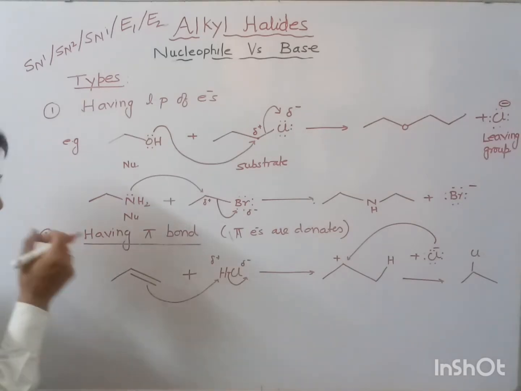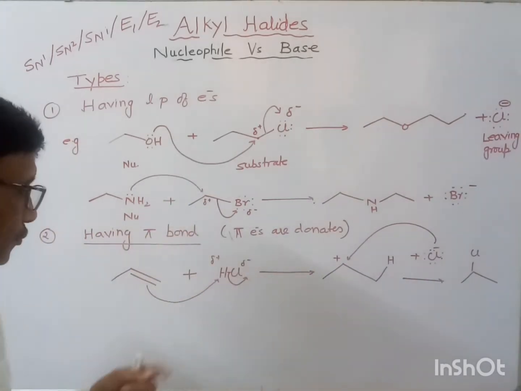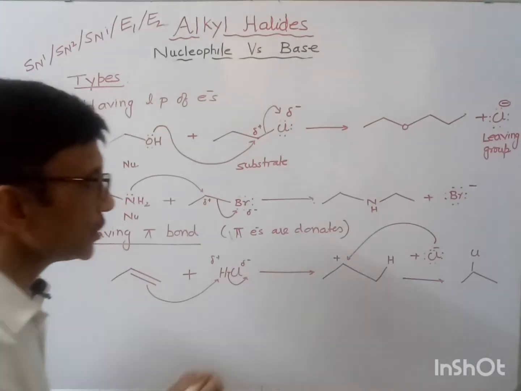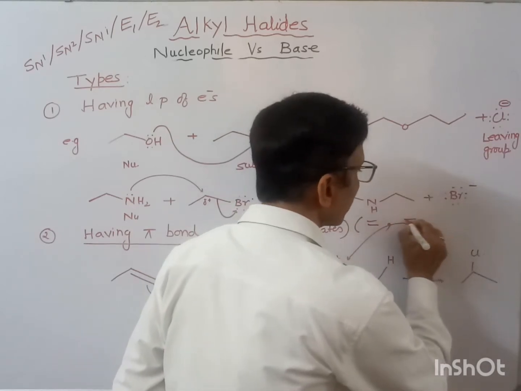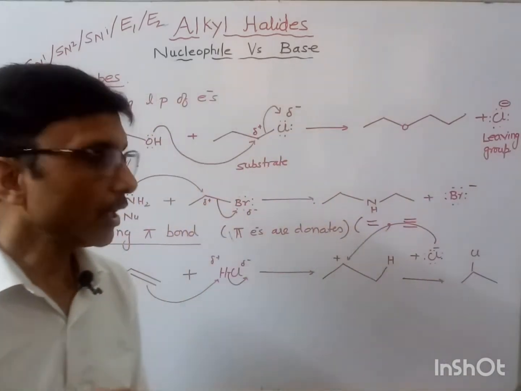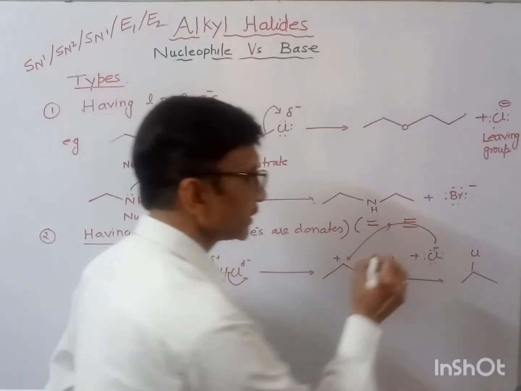In the same way, pi electrons, as you can see, this contains a double bond. So a double bond may act as a nucleophile. A triple bond may act as a nucleophile. And we know that double bonds are also present in aromatics.